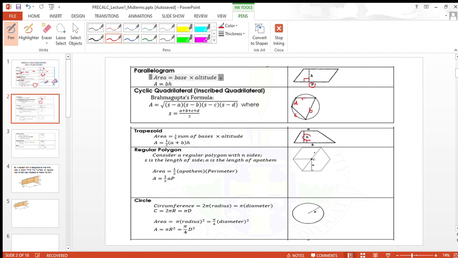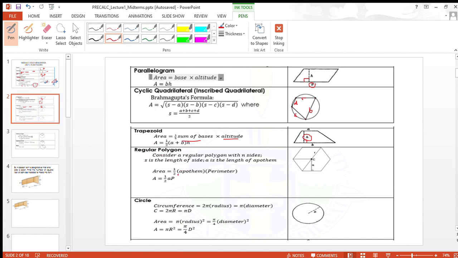That is called the height. The area of a trapezoid is given by 1/2 the sum of the bases multiplied by the altitude. So you just get A and B, those are the bases, add them, and multiply by the altitude times 1/2.